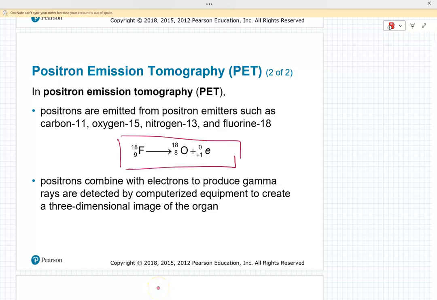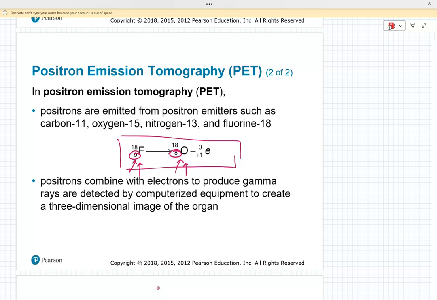So this is the reaction for positron emission tomography. You have radioactive fluorine. See that? It decays into radioactive oxygen. Not oxygen 18. No, oxygen 18 is stable. So the atomic number of fluorine is 9. Atomic number of oxygen is 8. How many protons does fluorine have? 9. Oxygen 8.